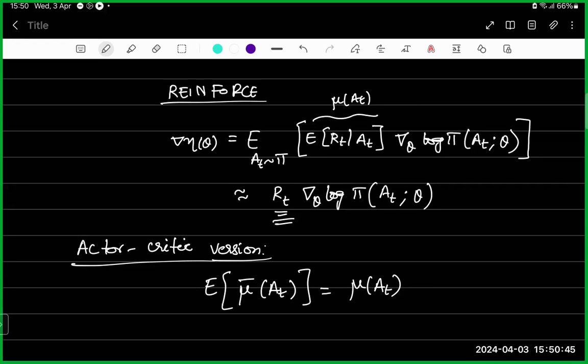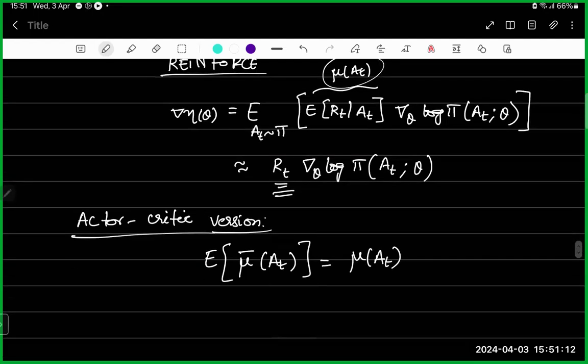Mu bar of AT is a random variable, because it's an average of some sample rewards that we have seen. So in expectation, that will also be equal to mu of AT. We are fine with any substitution whose expectation is equal to our term of interest.